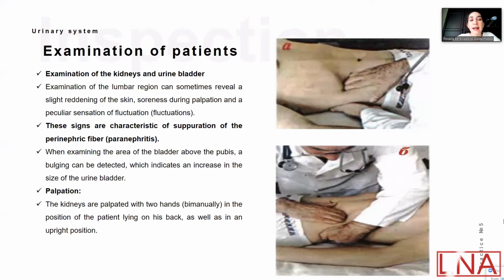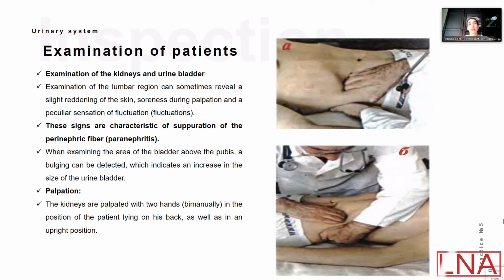These signs are characteristic of suppuration of the perinephric fat, or paranephritis, and involvement of paranephric tissues. When examining the area of the bladder above the pubis, a bulging can be detected, which indicates an increase in the size of the urinary bladder.